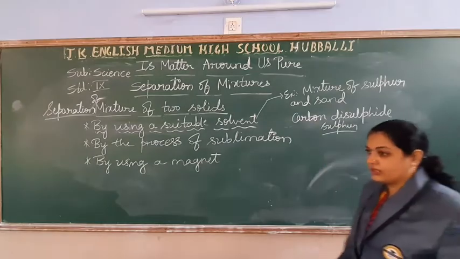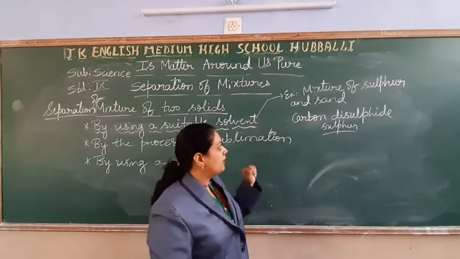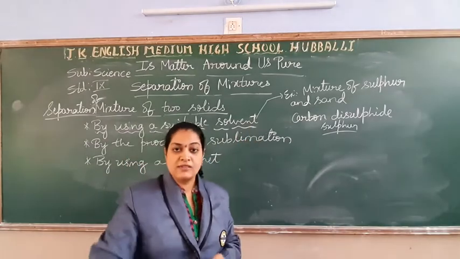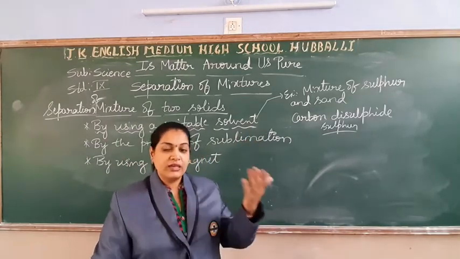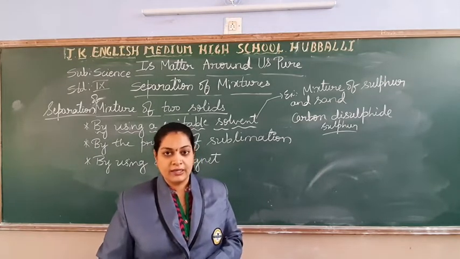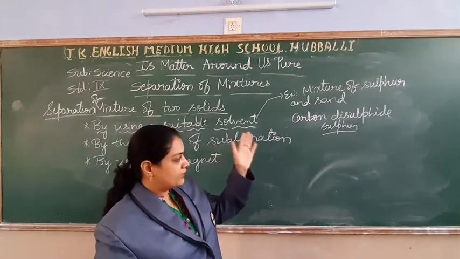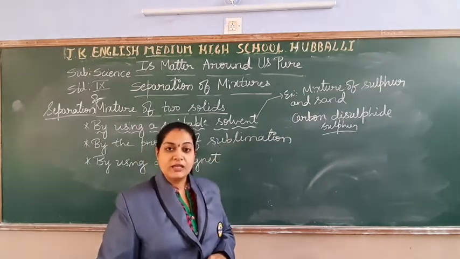Same procedure. Take one container, fill it with carbon disulfide. Now pour this mixture of sulfur and sand. Sulfur will get dissolved in the solvent and sand will settle down at the bottom of the container. Do the filtration process so that you have separated the sand. Now what is remaining?